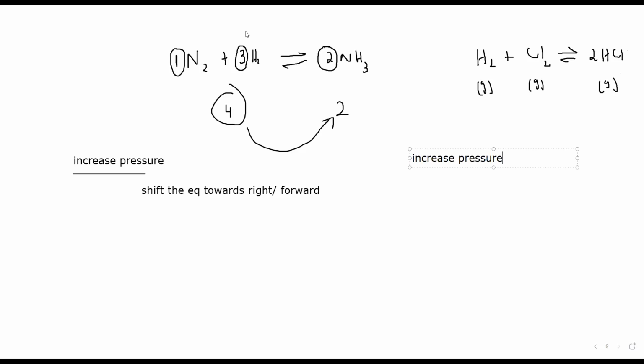How many reactant particles are there? 2. What is the total number of product particles? So the total number of product particles is also 2. So you have 2 reactant particles and 2 product particles. When you have an equal number of gas particles, then there is no effect of pressure on equilibrium.